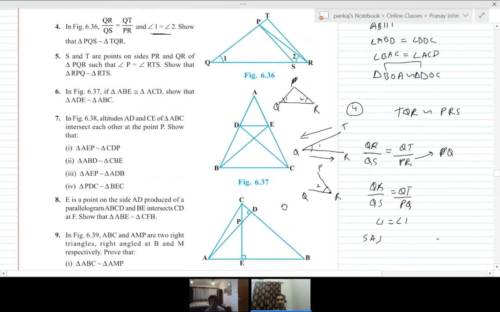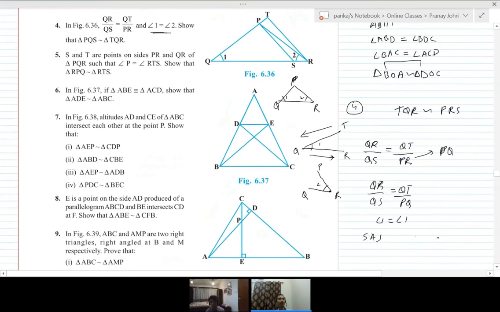You can mention PQ is corresponding to TQ, and S is corresponding to R. We took this as PR is equal to PQ; we can take this as QP also, so it will resolve that.